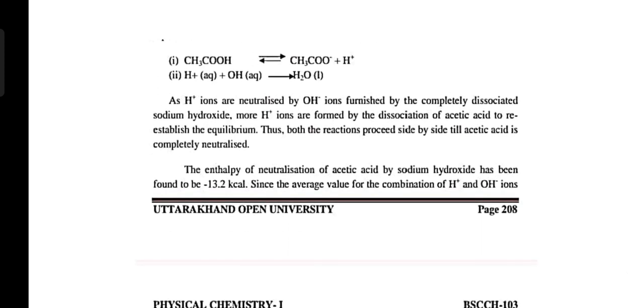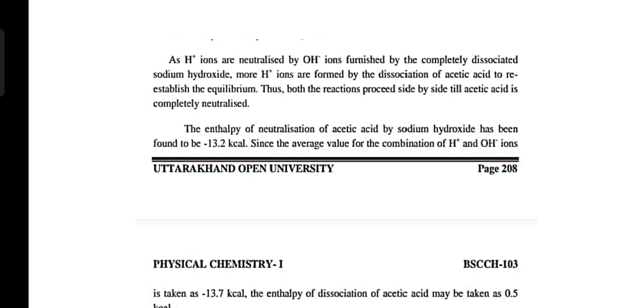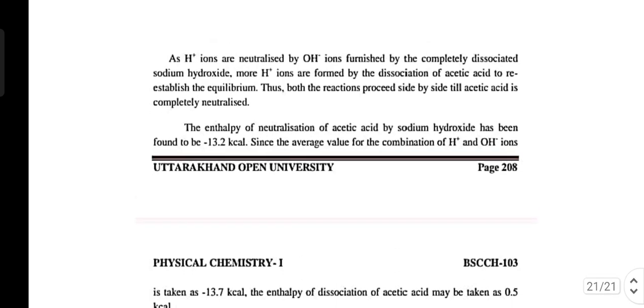As H positive ions are neutralized by OH negative ions furnished by the completely dissociated sodium hydroxide, more H positive ions are formed by dissociation of acetic acid to re-establish the equilibrium. Thus, both the reactions proceed side by side till acetic acid is completely neutralized.